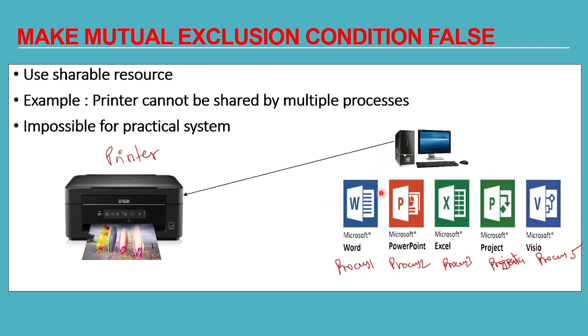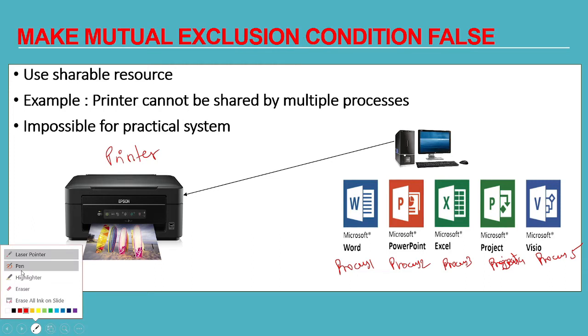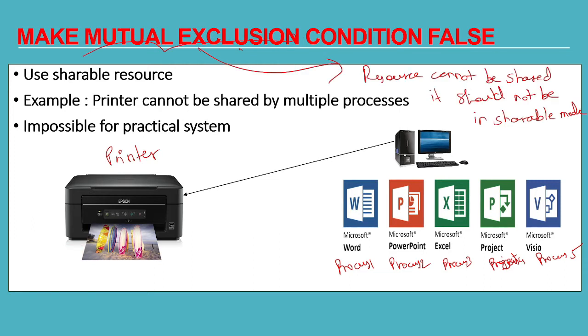But what will happen? The printer is not shareable. This resource cannot be shared by multiple processes. Mutual exclusion means what? The resource cannot be shared. If the resource cannot be shared, then we can say mutual exclusion has occurred. So we have to make this condition false.